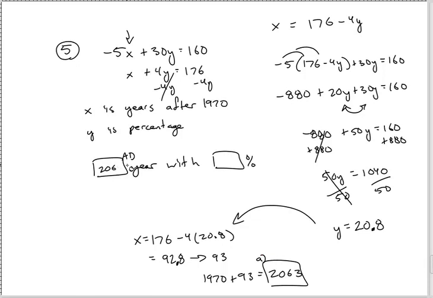Now, they want the percentage, and they say y is a percentage, and there's your y. If they say a whole number, again, it just depends on what they're saying here. If they're saying a whole number, then I would say it's 21%, and you put a 21 in there. If they're wanting one decimal place, you can just put that there, because that's easy to do as well.